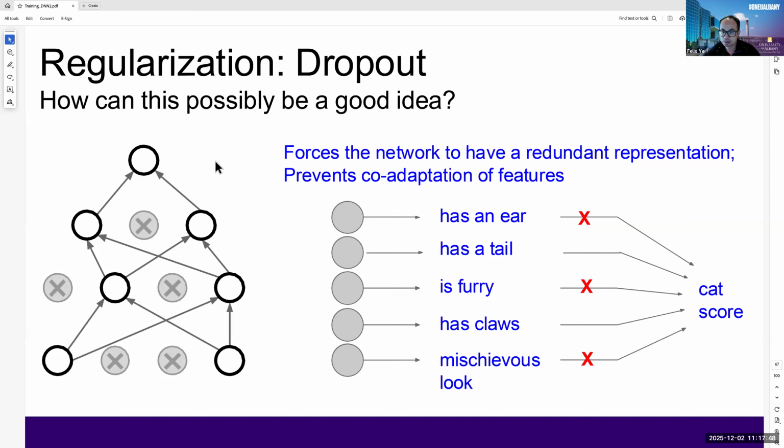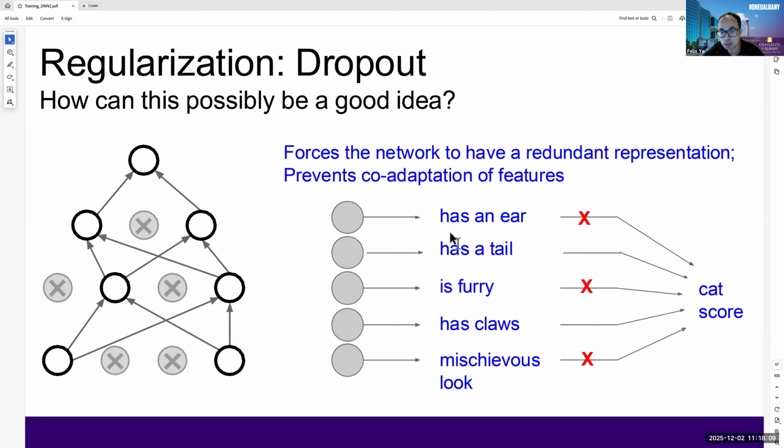If we turn off certain neurons, it forces the neural network to have some backup, some redundant representations. So I don't want these things to overfit too much.